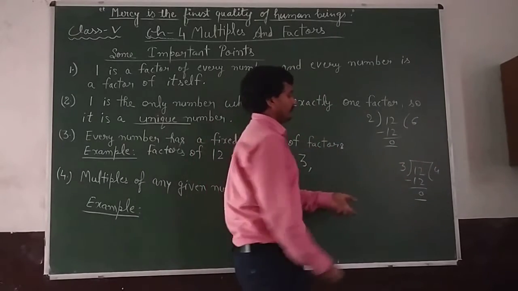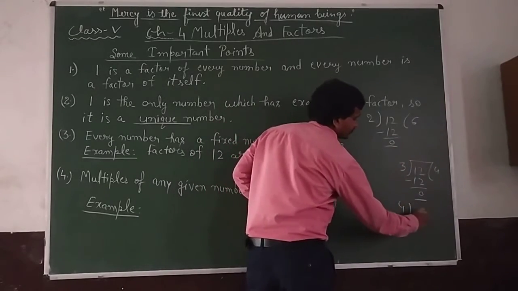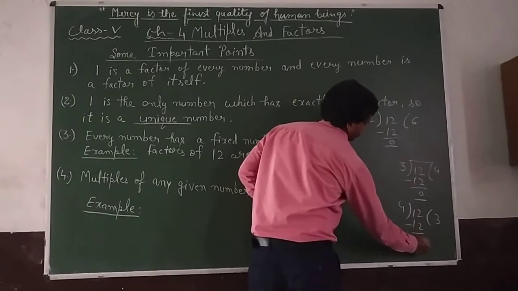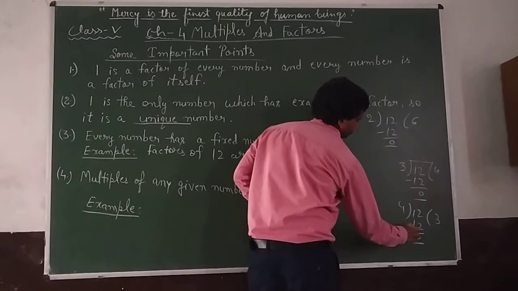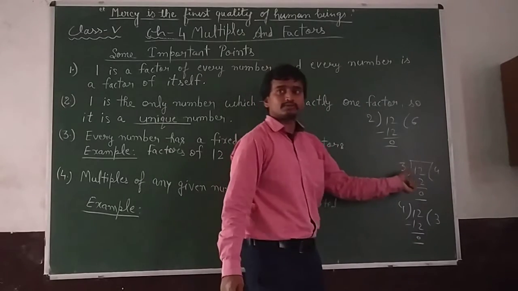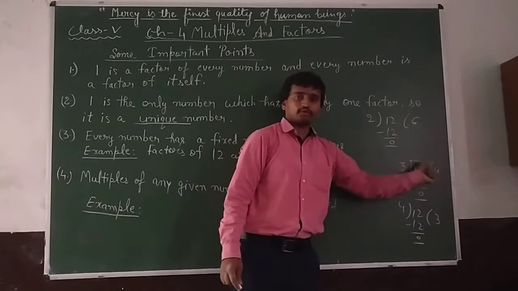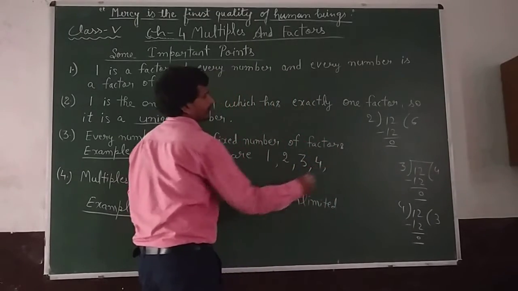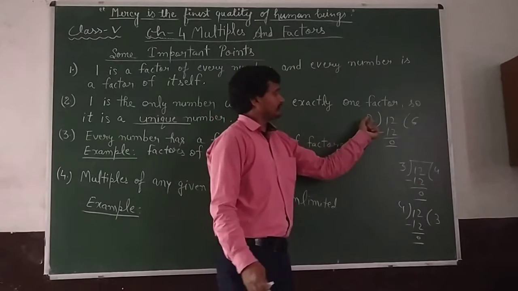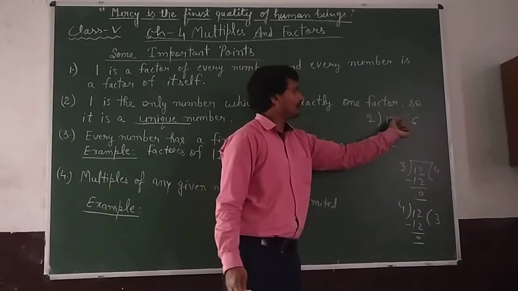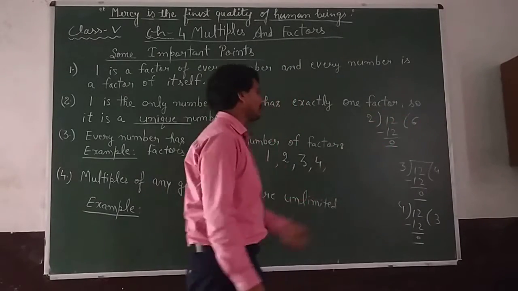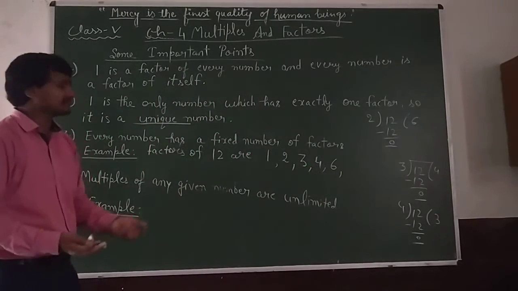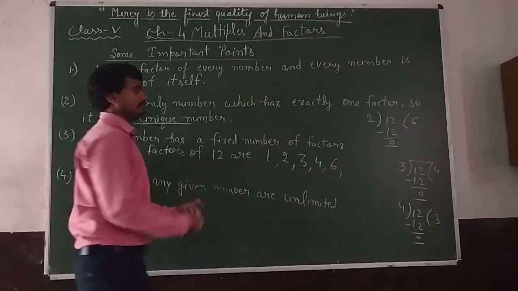And when we divide 12 by 4, we get 3. That means we can also check from here. The next factor is 4. And when divided by 2, we get 6. So 6 is also a factor. And at last, the number itself, 12.